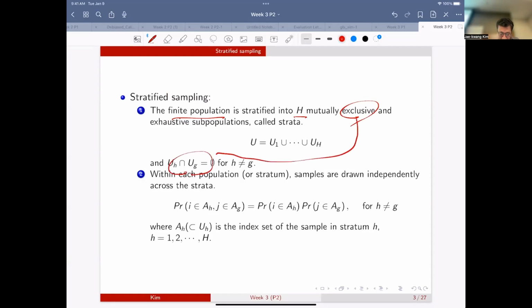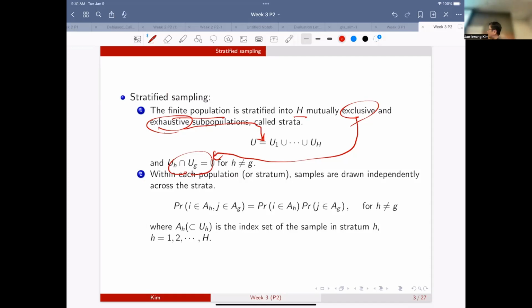Exclusive means that there is no intersection, I mean, the intersection is the empty set. So that is exclusive. Exhaustive means that the union of the subpopulations covers the population. Okay.